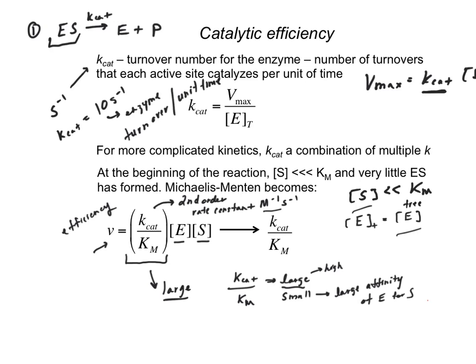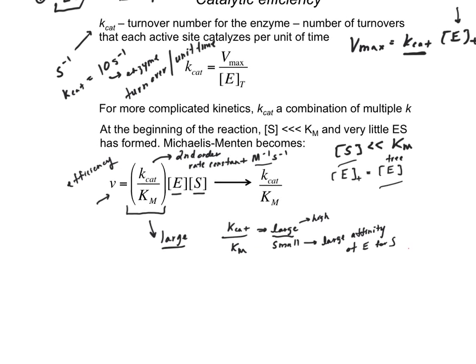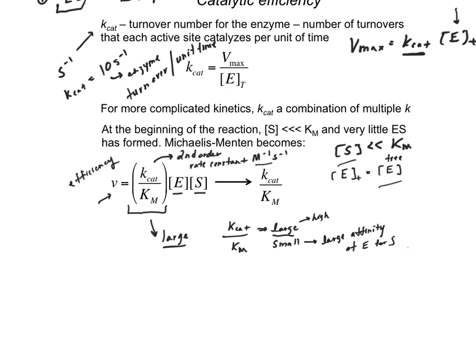Now there's going to be a limit to how far this ratio can go. This ratio is going to approach what we call a maximum limit, and it's essentially going to be 10^8 to 10^9 inverse molar, inverse second.